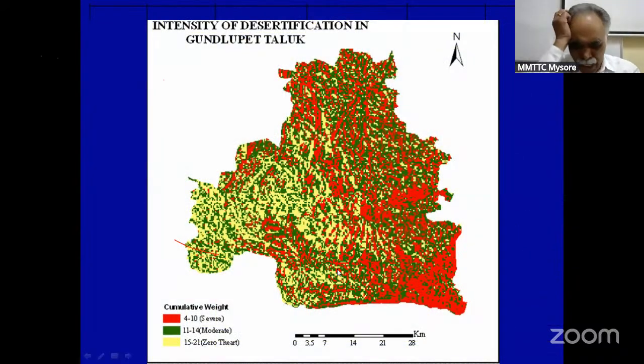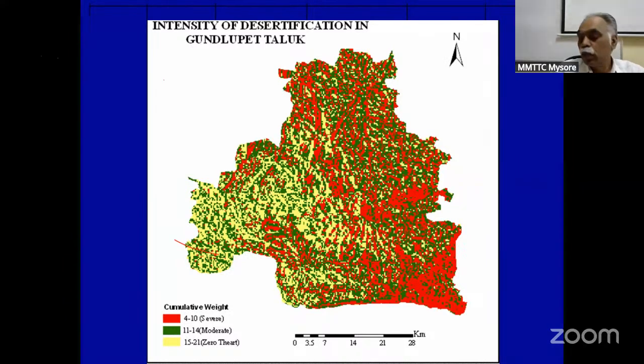Coming to taluk level, because I wanted to focus on the Mysore region, Chamarajanagar district was highly prone to desertification. In Chamarajanagar, Gundlupete taluk was much more dry.